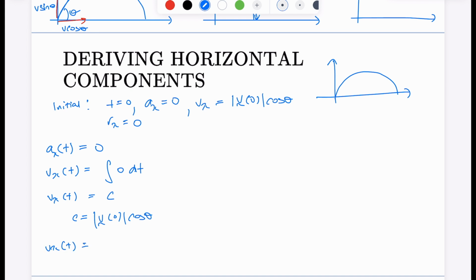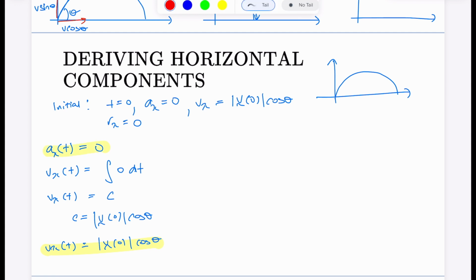Then I can put this all together and say that my horizontal velocity is going to be my initial launch velocity multiplied by cos theta. In other words, the original horizontal velocity that I have is going to be the same throughout the projectile's journey, and that's because there are no forces acting on this projectile. That aligns with what we said in the beginning.